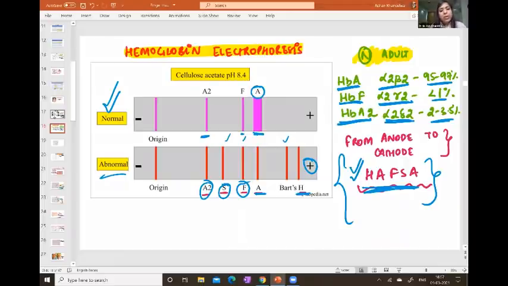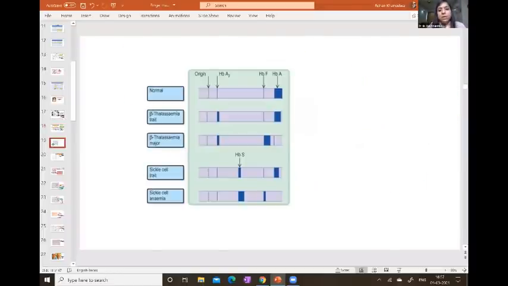Now let us see the various types of disorders and electrophoresis so that you are able to understand this concept more clearly. In this image, students, can you see this is the normal one? That's the adult hemoglobin, the thickest band. Then we have fetal, and then we have A2, the 3 bands seen in a normal person. I have told you that if a person has beta thalassemia trait, which hemoglobin is raised?